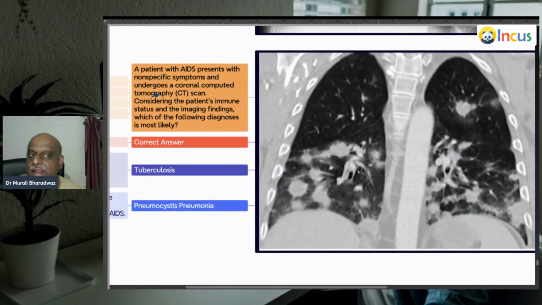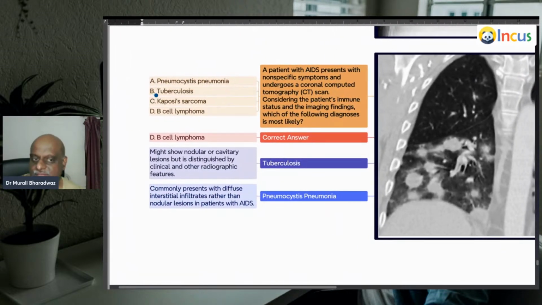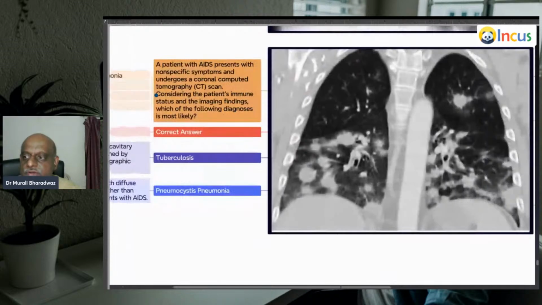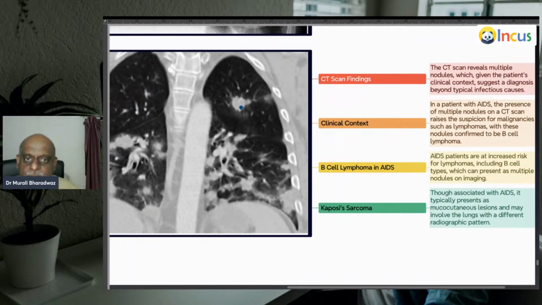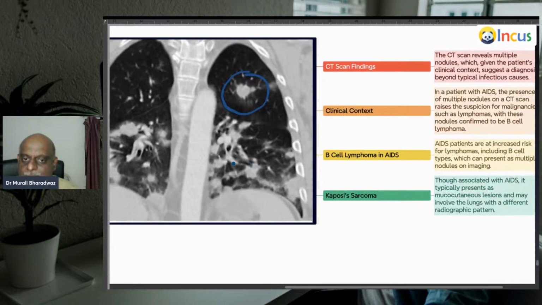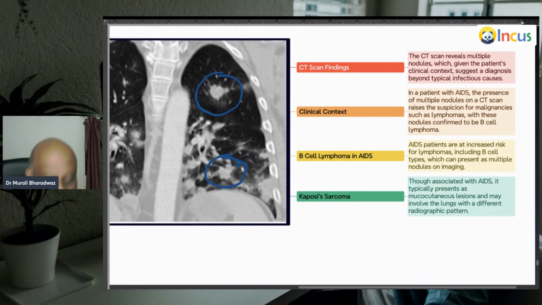A patient with AIDS presented with non-specific symptoms. Now, a CT scan has been taken. So what are you seeing in this CT scan? Multiple nodules, which typically suggest beyond infectious causes.